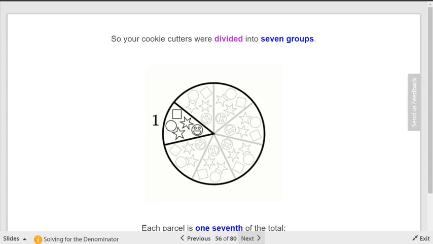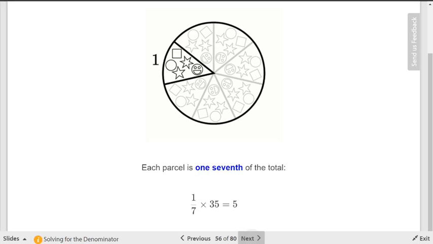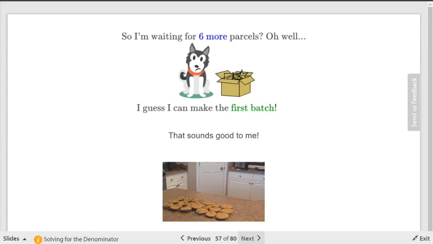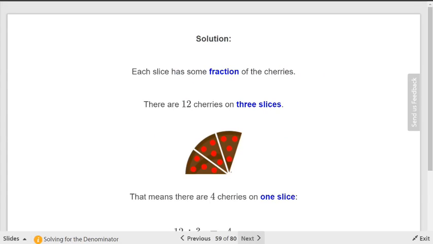Okay. So that means the cookie cutters were divided into 7 equal groups of 5. Now, why he would want that many? Maybe he was giving them away. Who knows? Okay. So 1/7. So he's waiting for 6 more. So 6 more parcels. I'd be really mad.